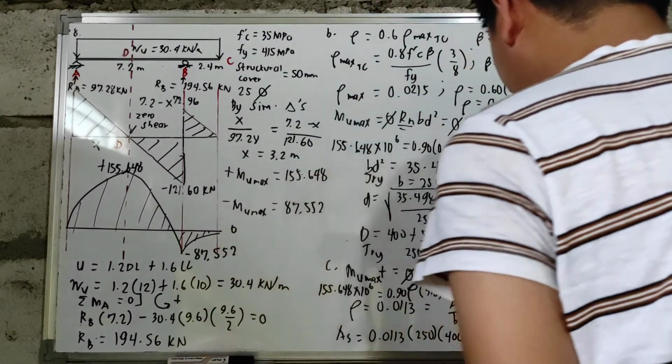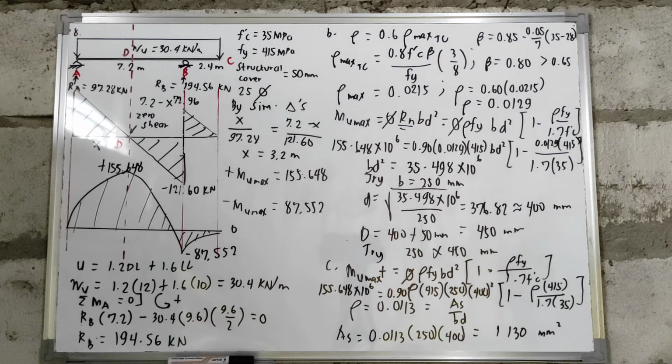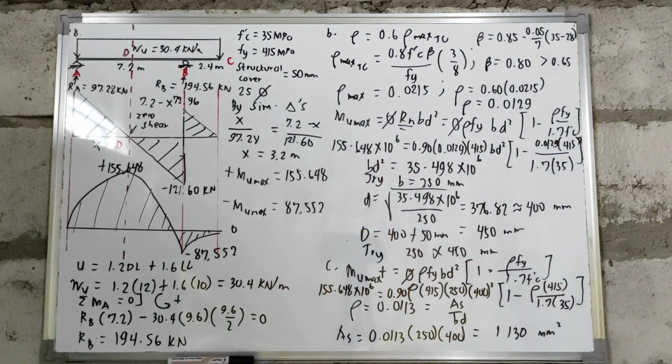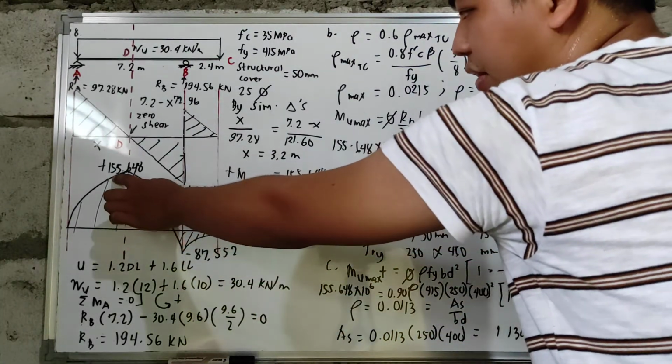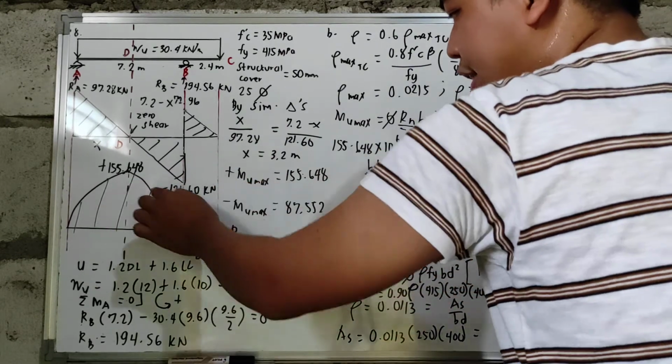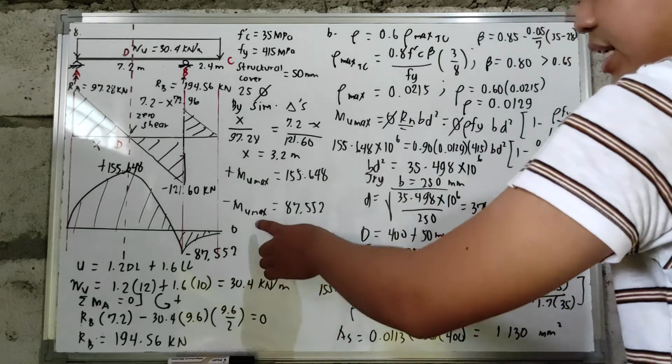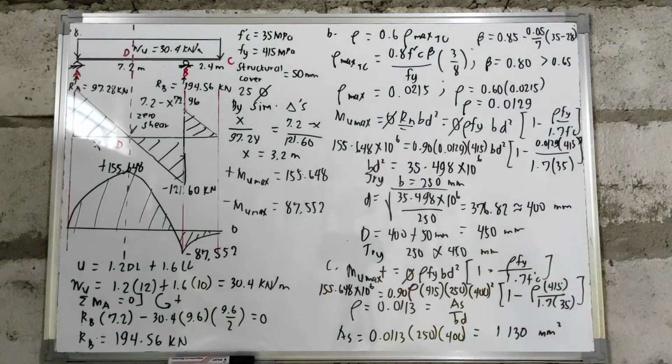And with that, we can now find the number of steel bars that we will use here. Again, we took from the shear and moment diagram our positive Mu max and our negative Mu max. So with this, we have 155.648, and for the highest negative Mu max, that is negative 87.552 kilonewton meter.